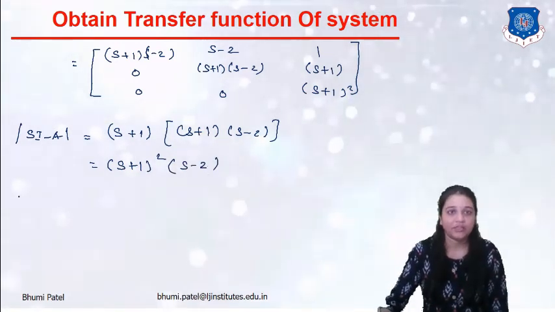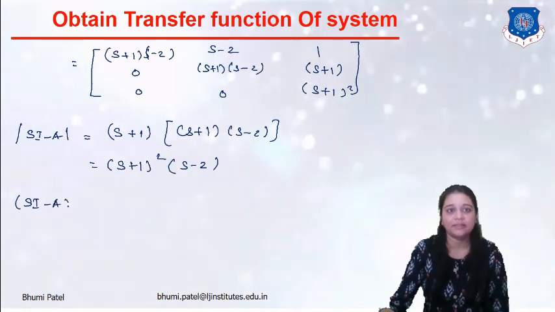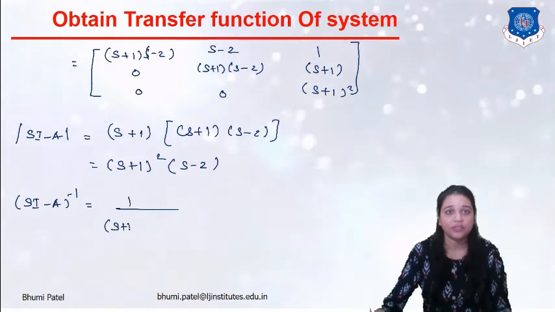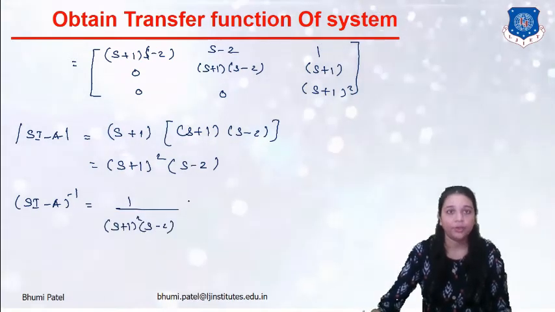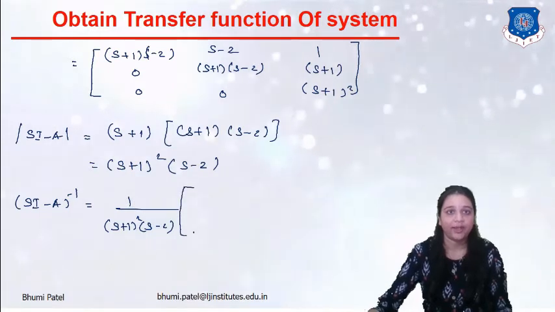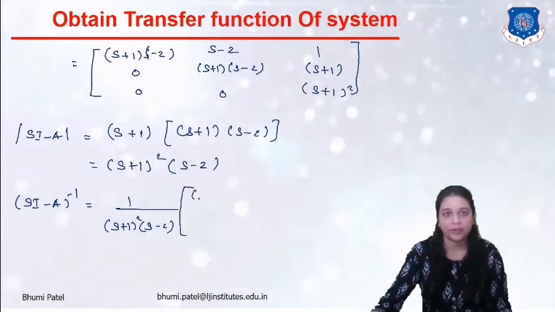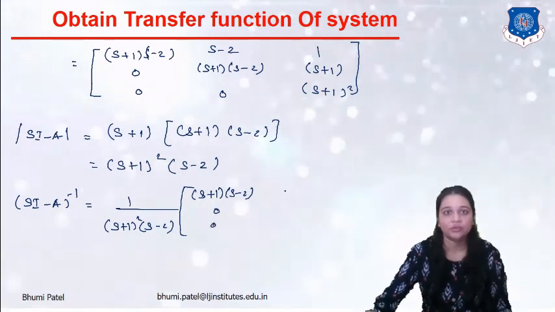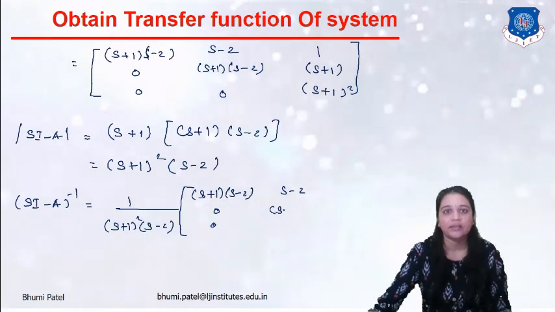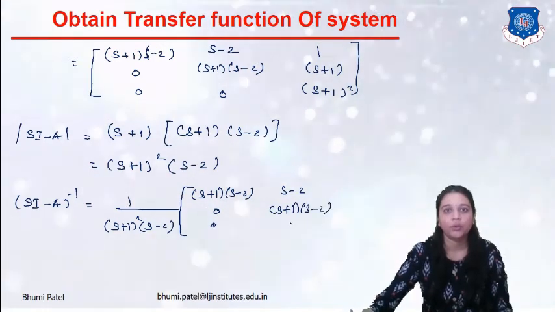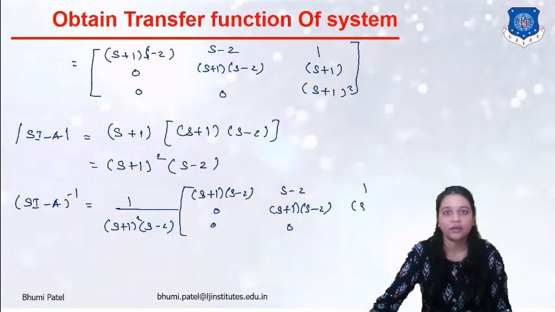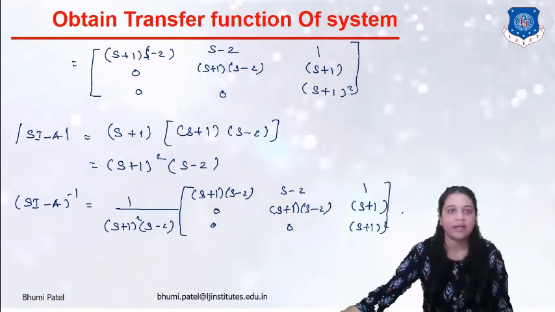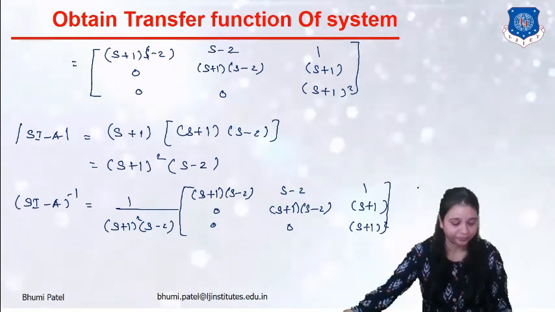So the final equation of sI minus A inverse is equal to 1 upon S plus 1 whole square S minus 2 into the adjoint of A, and it is nothing but the S plus 1 S minus 2 0, 0 S minus 2 S plus 1 S minus 2 0 1 S plus 1 and S plus 1 whole square. Okay, so this is my sI minus A inverse.